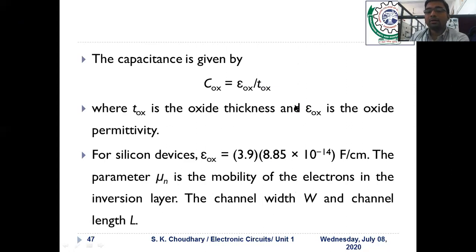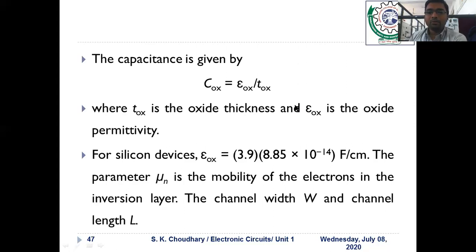It is the permittivity of free space, 8.85 into 10 to the power minus 14 farad per centimeter, and the relative permittivity is 3.9. When you multiply both of them, it becomes the permittivity of the silicon dioxide.